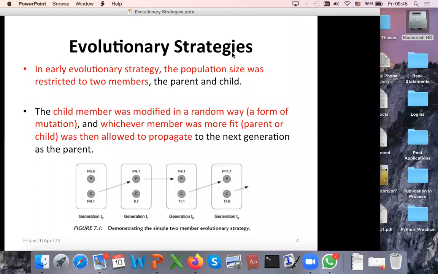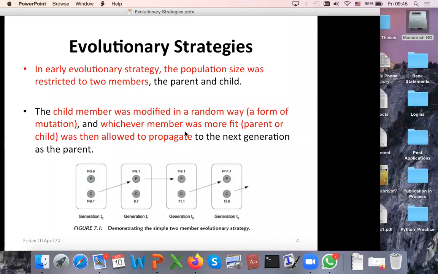And now we know that in our population we have the parent and the child, and from the parent and the child, the member which was more fit was selected to propagate towards the next generation.